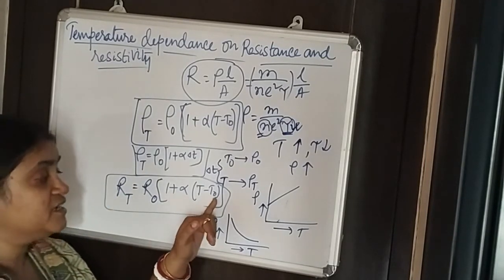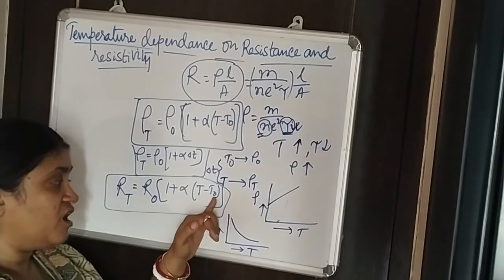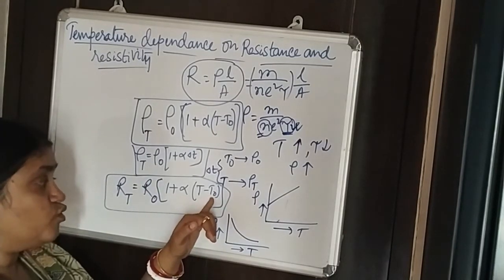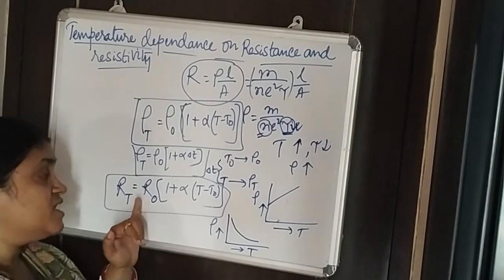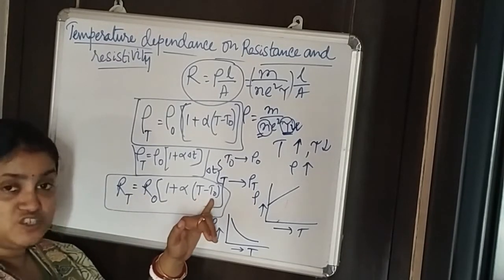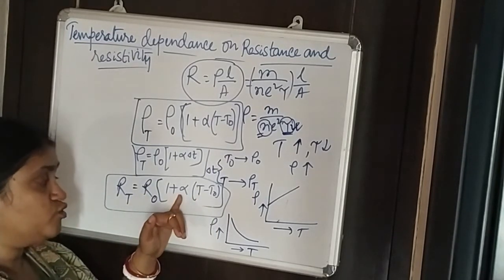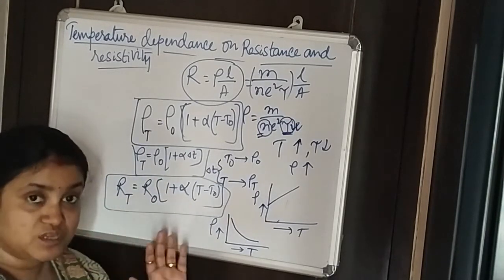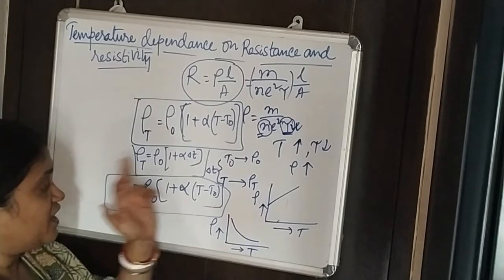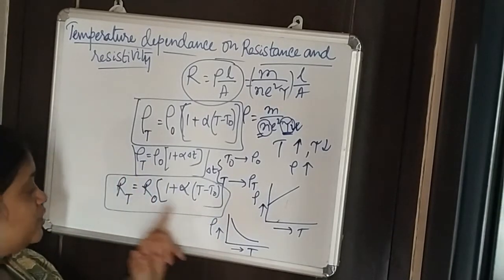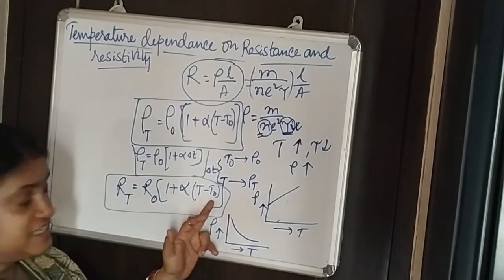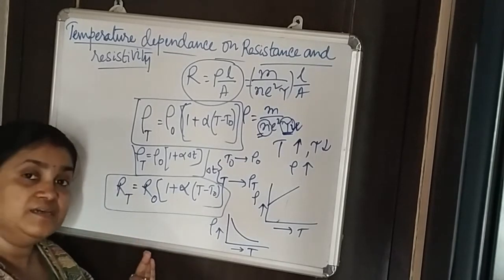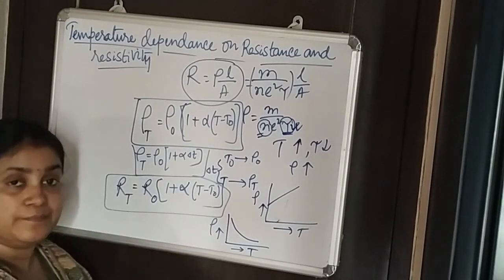Then I need a reference resistance R naught at the temperature T naught, and I also need to know the temperature coefficient of that particular material, and then I would be able to calculate, for a temperature increase, what my resistance would be at a particular temperature.